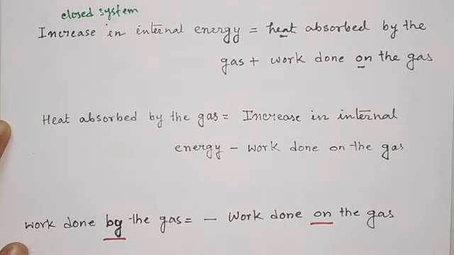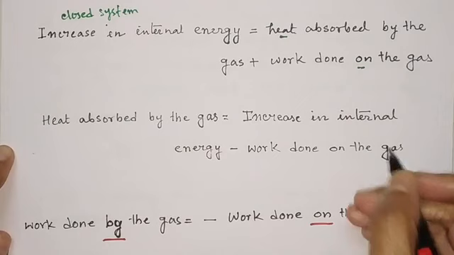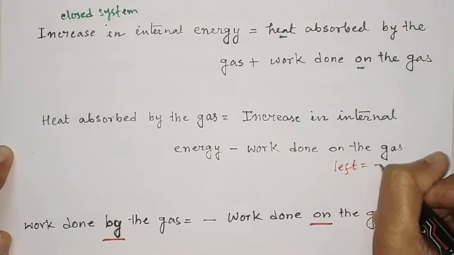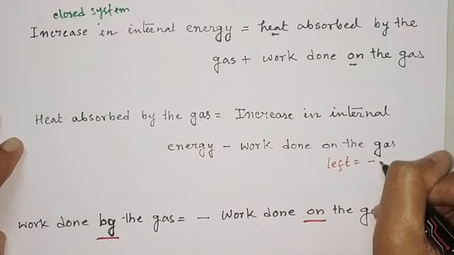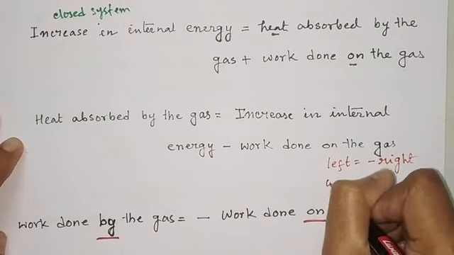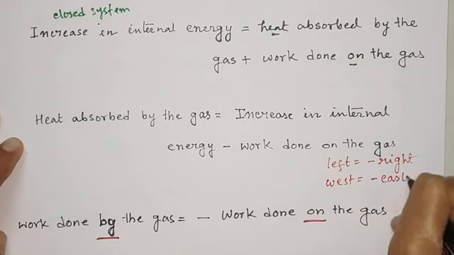Now we can use the concept that if left and right are two opposite terms, or east and west are opposite terms, then we can think that left is like negative right, or west is negative east.